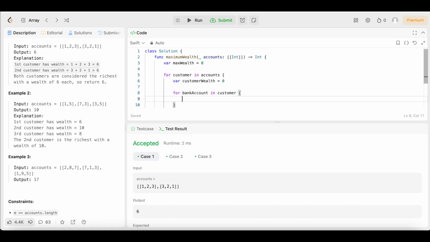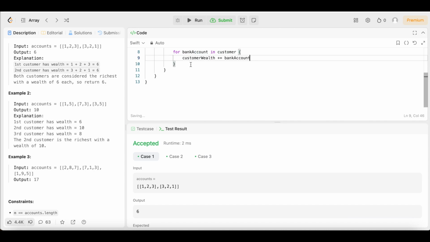We are going to come down here and say customer wealth plus equals bank account. So that's going to add up all the elements in each customer's bank account. And then we're not done yet though, because we have to find the max of them.